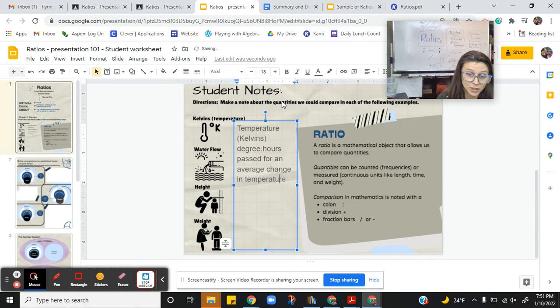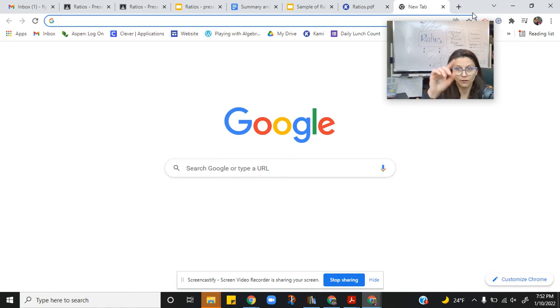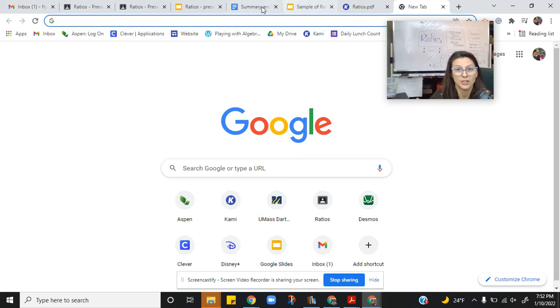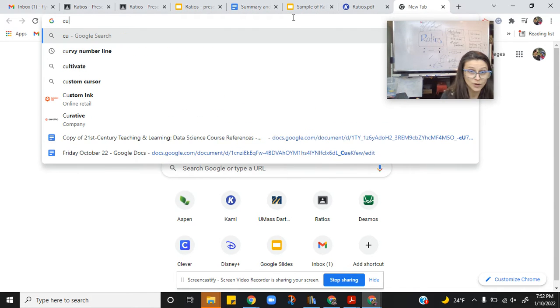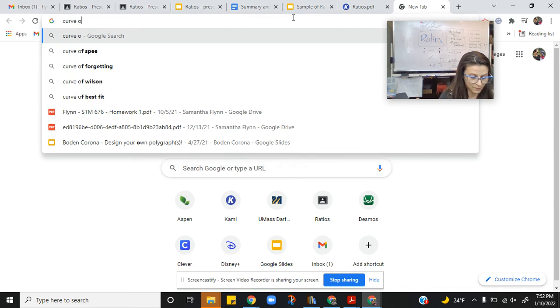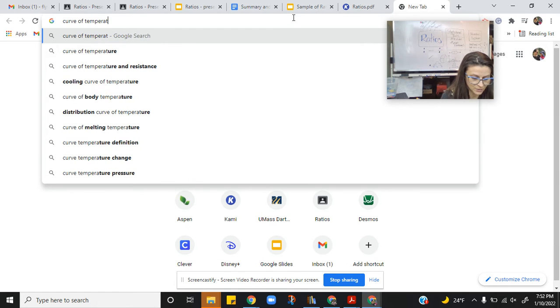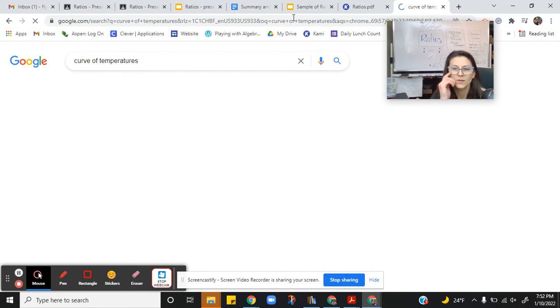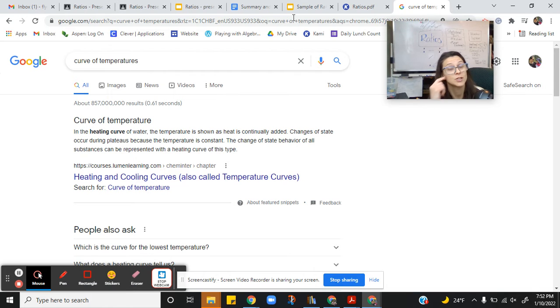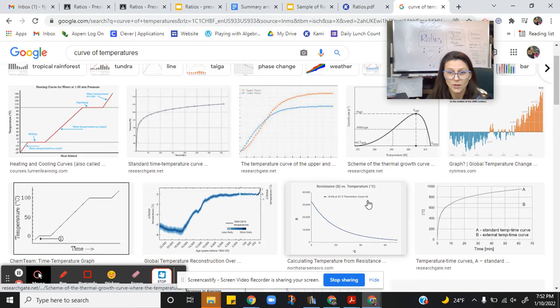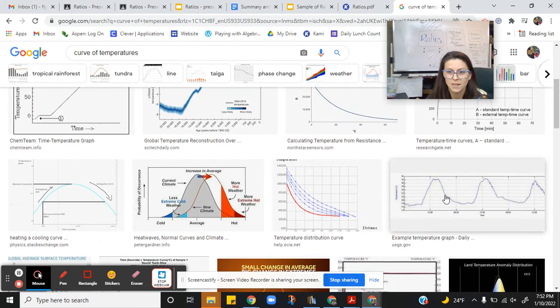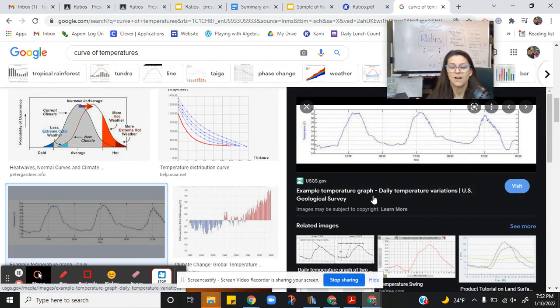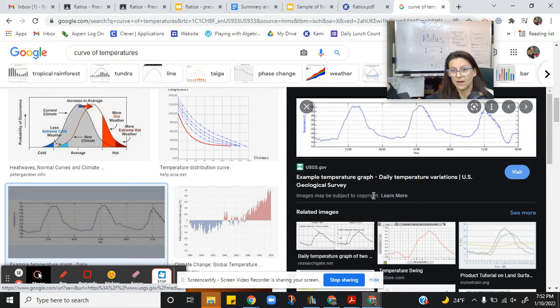This could provide us with an average change in temperature. Noticing that temperature probably is more of a curved graph, but you can get an average temperature change. I have students who already graphed this. I know students who graphed it for Jamaica's temperatures. But if we take a look, something like this is what I was thinking of, the fact that through the seasons, it goes up and down, up and down, and up and down.